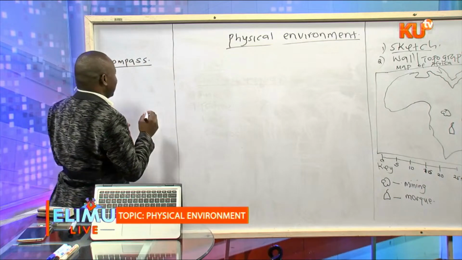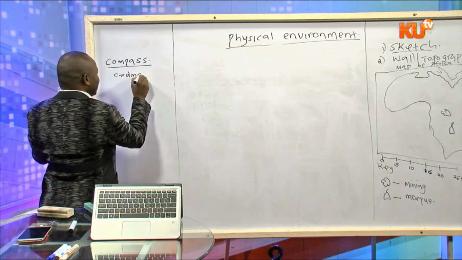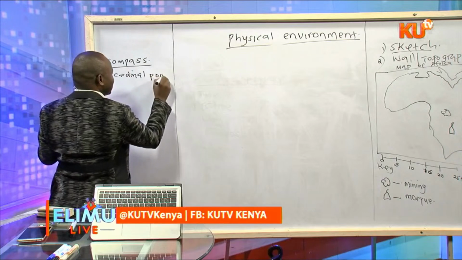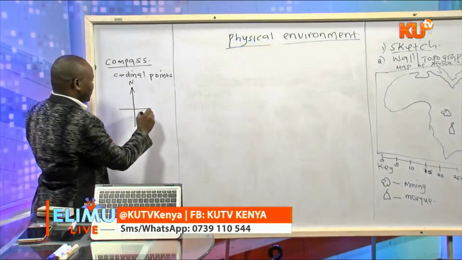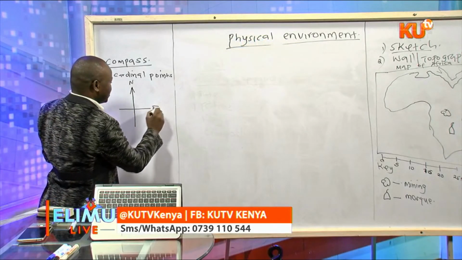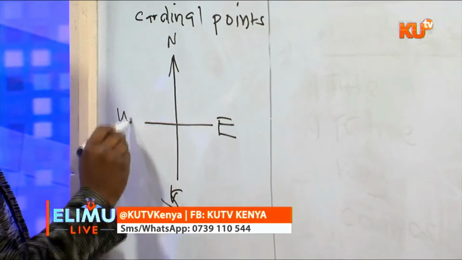This compass is the first one. We can as well call it cardinal points, the first 4 cardinal points. And the cardinal points are as shown on the board here. This is the part where the arrow points. It is north. This one is east, south, and west.